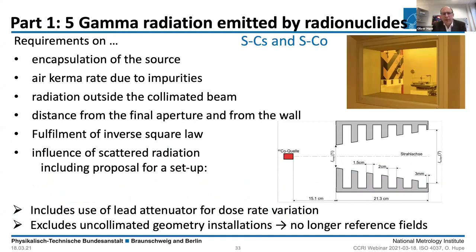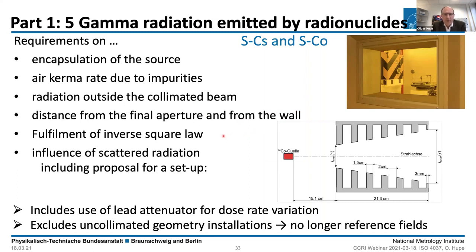Coming from X-rays to the gamma radiation emitted by radionuclides, there are also requirements on the encapsulation, on the air kerma rate due to impurities, so radiation outside the collimated beam, the minimum distance from the aperture, and also from the wall to avoid scattered radiation.